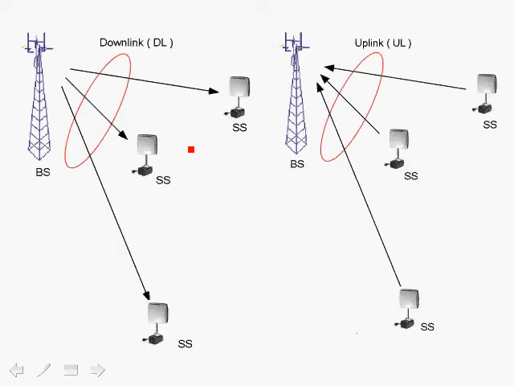Here we are going to describe ranging in detail. As we mentioned before, we're going to talk about initial ranging, in which case subscriber stations are going to, for example, join the network. Notice that at any time a subscriber station can be listening to the base station and can receive the downlink from the base station, decode the downlink, and of course get its uplink map.